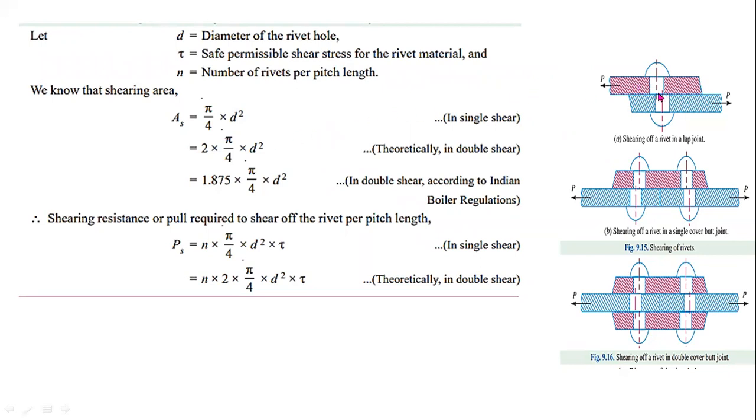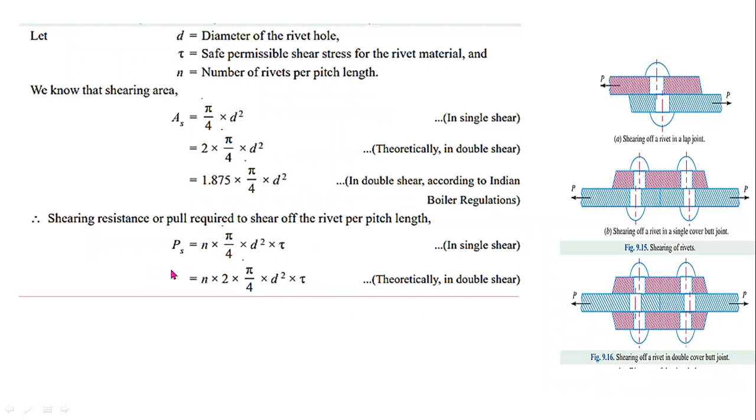So the resisting area equals pi by 4 d square. You have to consider pi by 4 d square for single shear, that is, the lap joints and the single strap butt joints. For double strap butt joints, you have to consider double shear, that is, 2 into pi by 4 d square, double area.